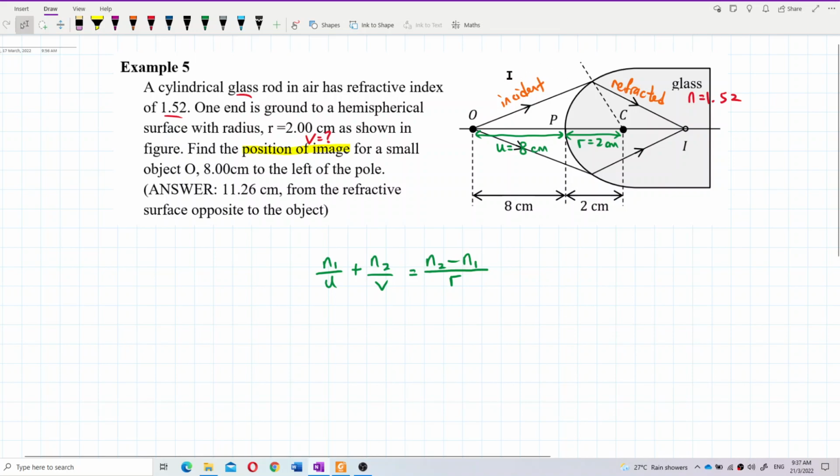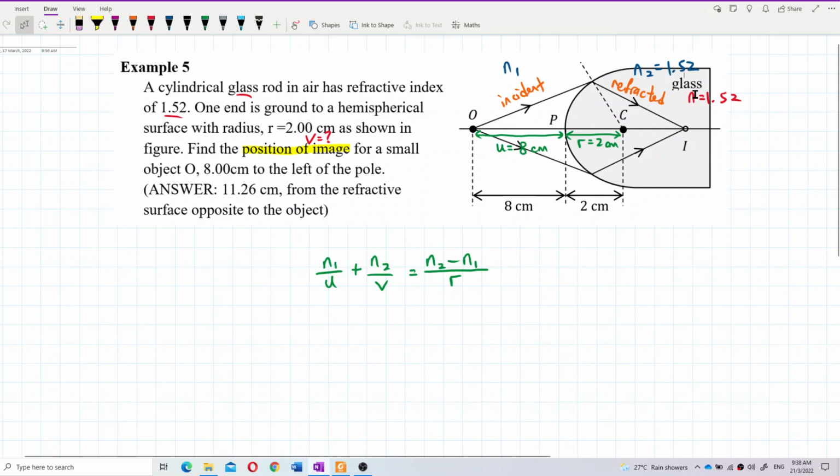The light goes from air into glass. So the air is n1, and the glass is n2. The glass has the refractive index 1.52, so n2 should be 1.52.